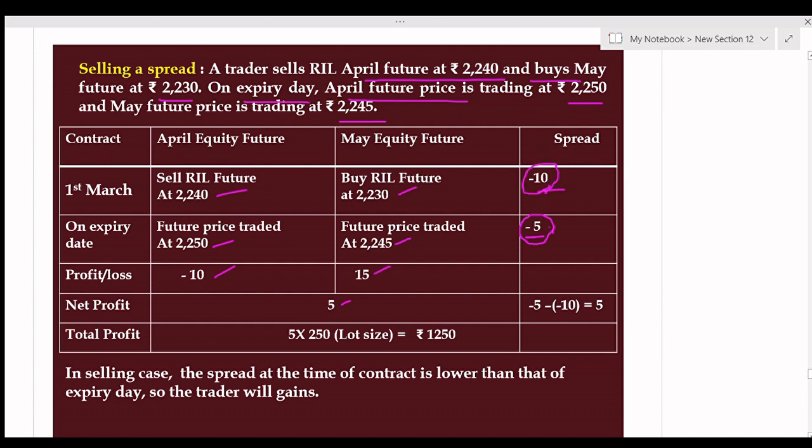So in selling, -5 minus -10 is equal to 5. So the profit will be 5. The lot size is 250. The total profit will be rupees 1250. In the selling case, the spread at the time of contract is lower than that of expiry date. The trader will gain.